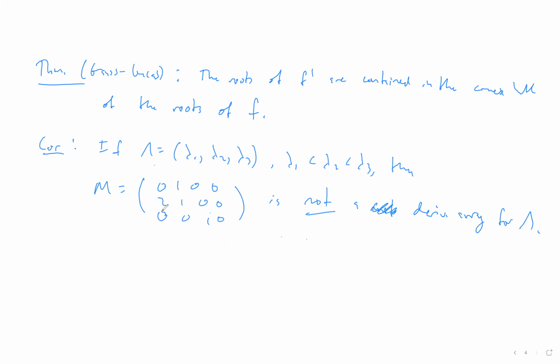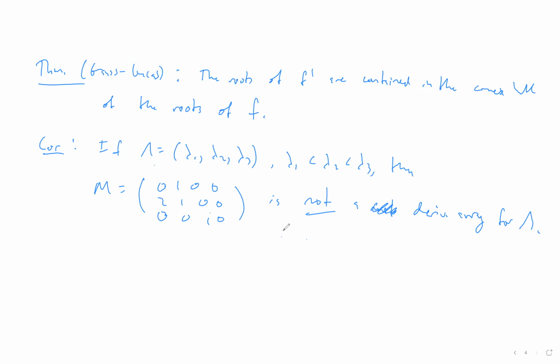So you can see this satisfies all the other conditions for being a multiplicity array. If you look across the columns, you're always decreasing by 1 unless you're at 0. And if you look in a row and you have a positive entry, then the next entry is one smaller than it. And if you look in a column, the sum is going to be at most n minus j in the jth column. But this is not a derivative array.